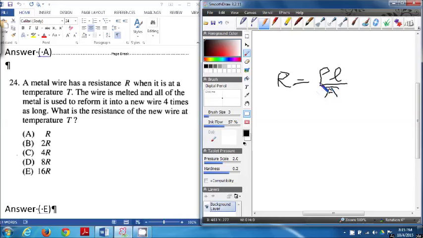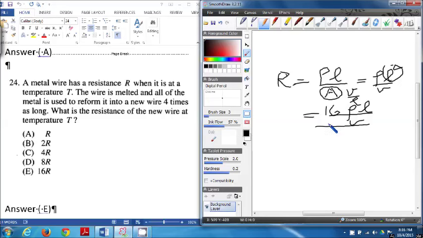So volume is constant, so we can replace the area by V by L. This gives us rho L square by V. If length is made 4 times, it becomes 16 rho L square by V. So here this was rho L square by V. That's what we are having here.